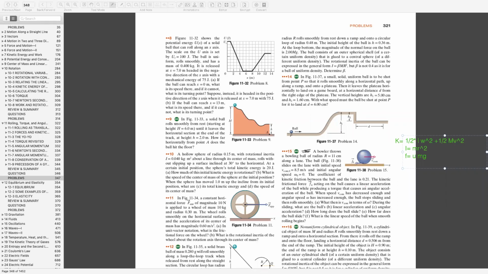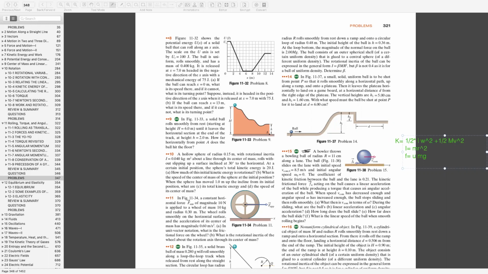No, I completely agree. I think it's just in that one portion because it says, when speed is decreased enough and angular speed is increased enough, the ball stops sliding and then rolls smoothly. For a wheel of radius r rolling smoothly, the velocity of the center of mass is just omega r. So I think it would just be in terms of omega, because that's what it's saying.